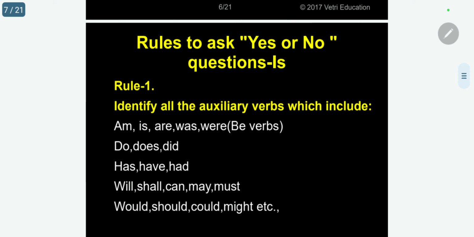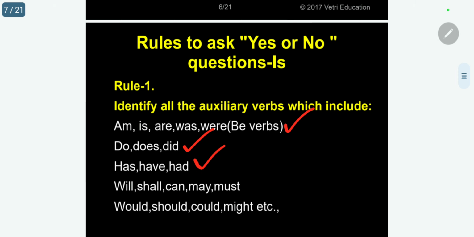Secondary auxiliaries are will, shall, can, may, etc., and correspondingly would, should, could, might, etc. Whereas the primary auxiliaries are the be verbs: am, is, are, was, were. They are called be verbs. They are primary. Do, does, did, primary.